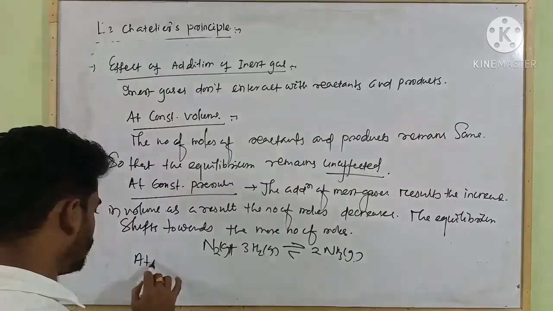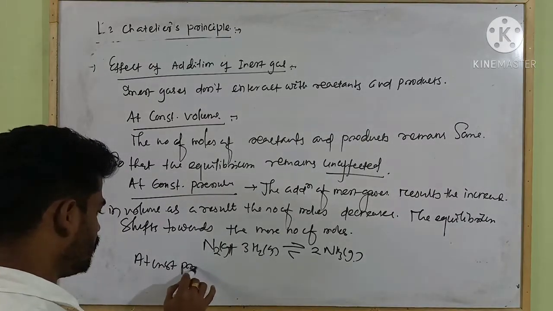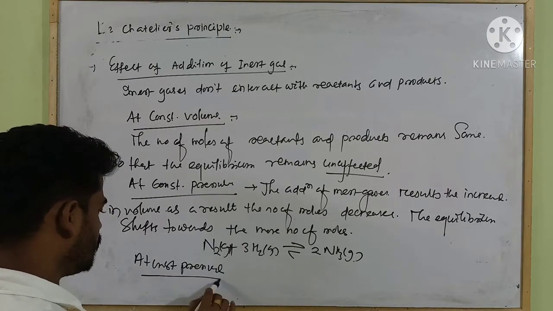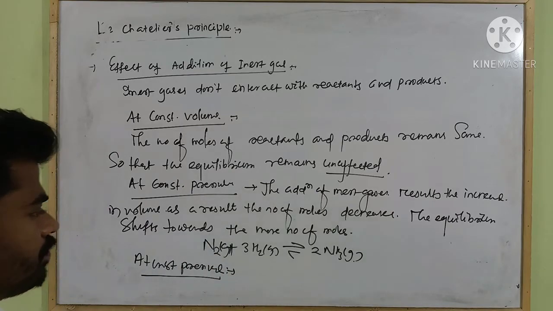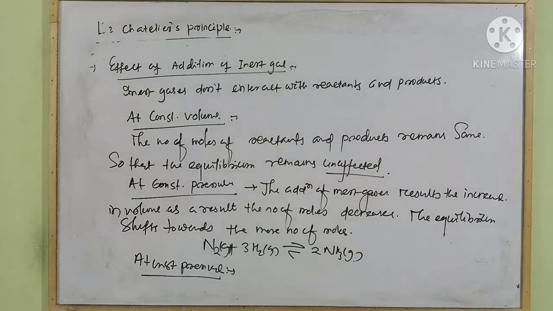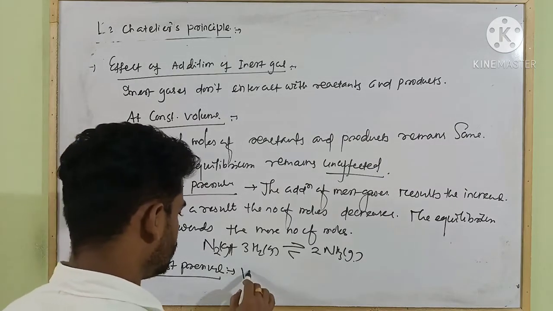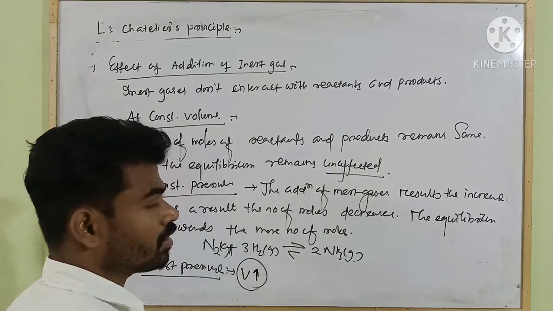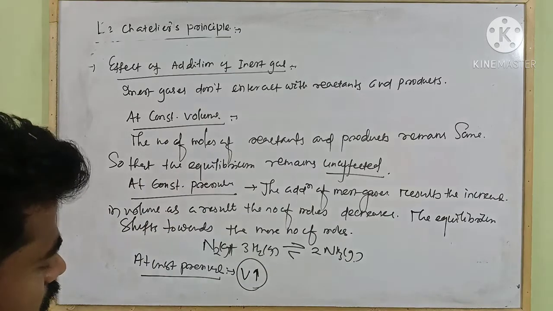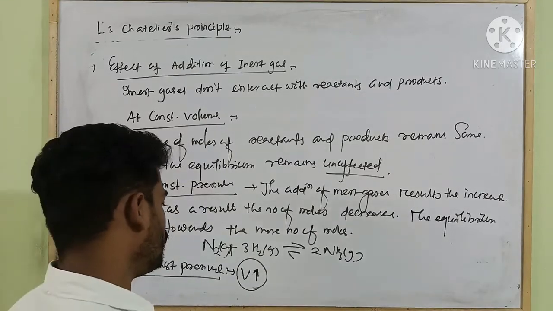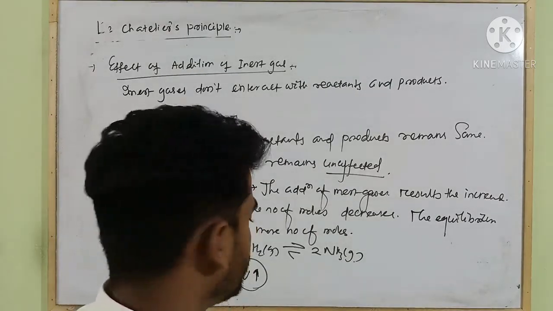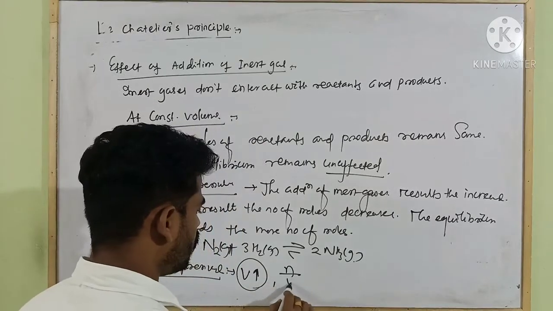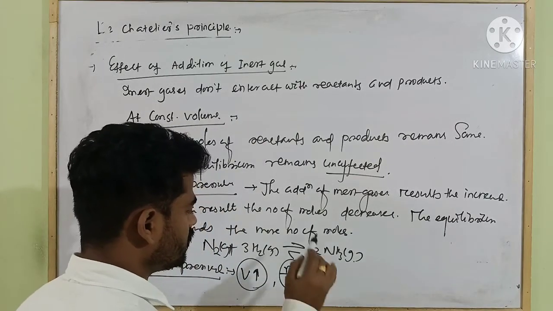But at constant pressure, the volume increases, so the number of moles per unit volume decreases.